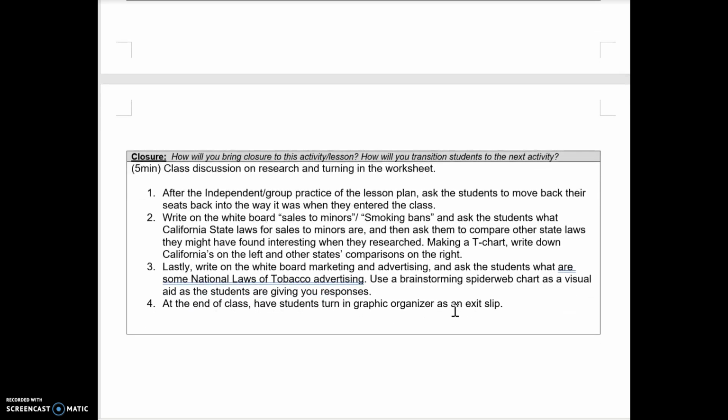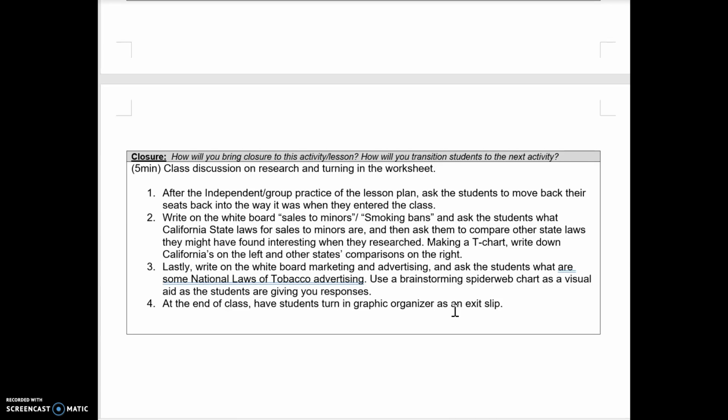Okay, so finally for our closure, we'll have a class discussion on the findings of the research before turning in the worksheet. On the whiteboard, the teacher will write sales to minors and smoking bans, and then ask the students what the California state laws for sales to minors are, and then ask them to compare other state laws that they might have found interesting when they researched it.